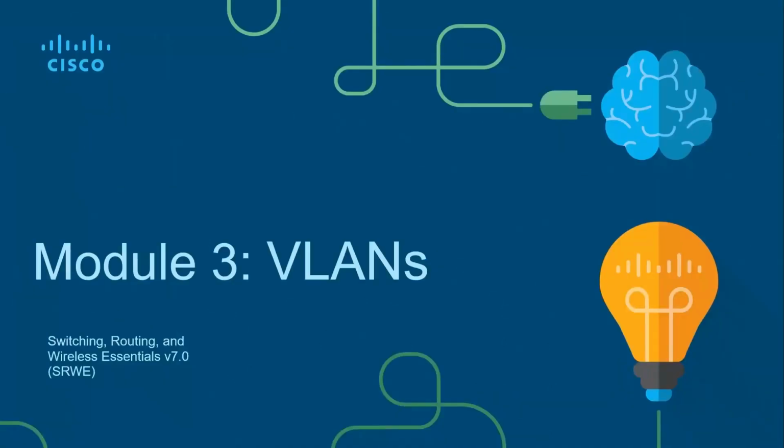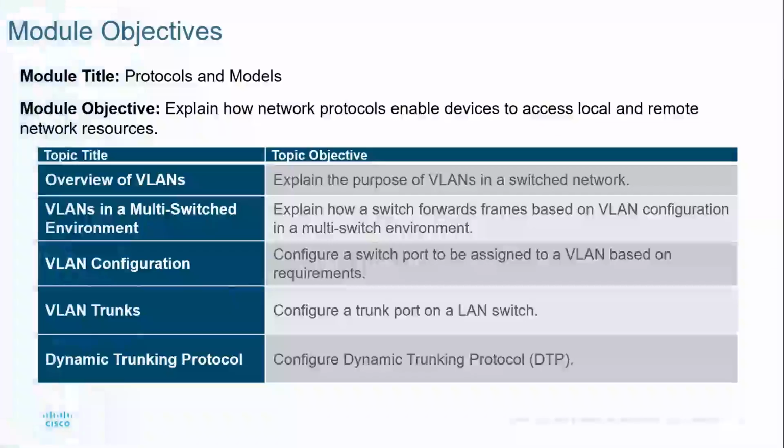Okay, Module 3 is about virtual LANs, typically known as VLANs. So in this lecture, we're going to be talking about what a VLAN is, what VLANs in a multi-switched environment look like, how to configure VLANs, how to allow communication between multiple switches using VLAN trunks, and we're going to talk about how to dynamically set up our trunking protocols.